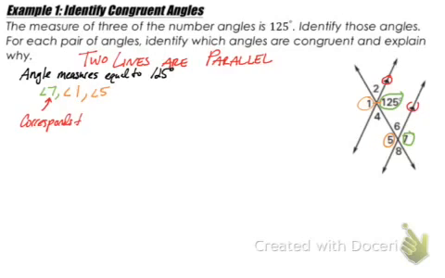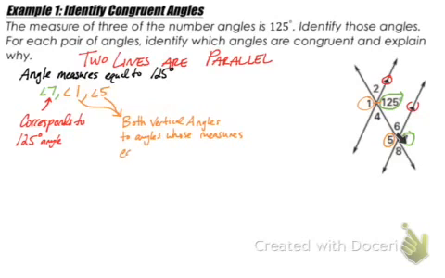So angle 7 is corresponding to the angle marked 125 degrees. Angle 1 and angle 5 are both vertical angles to the angles that are already marked 125 degrees. We can also say that angle 1 and angle 5 are corresponding angles. We can conclude that after the fact that we know that their measures are 125 as well.